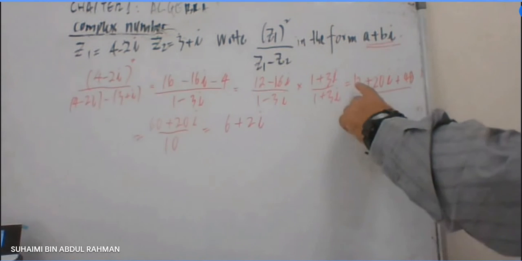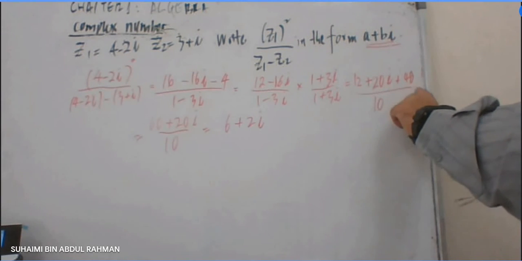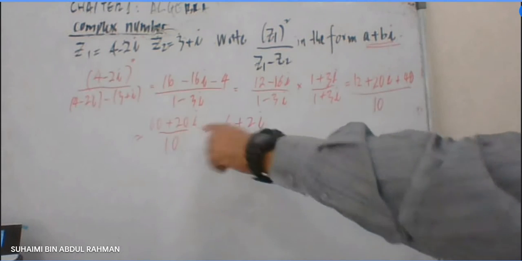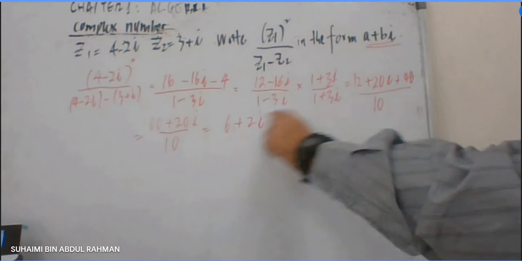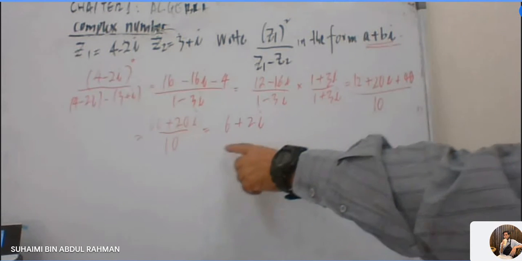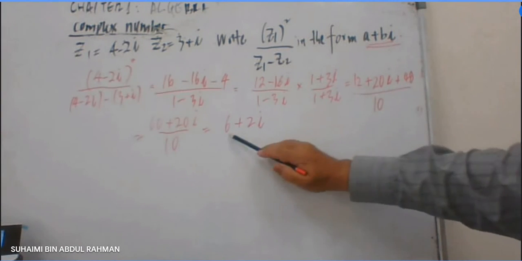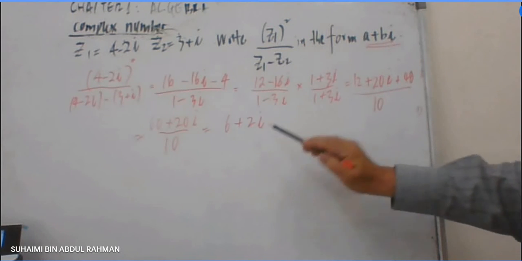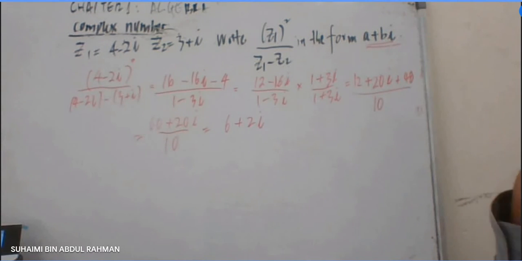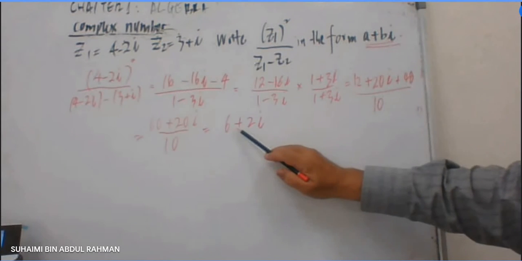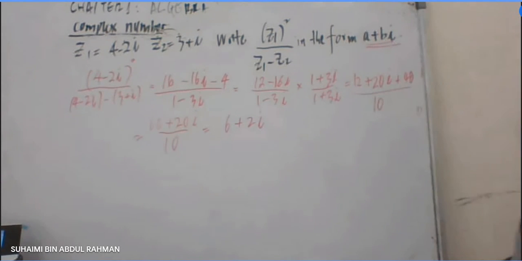So it's equal to, when you add 12 and 48, 60 plus 20i over 10, equal to 6 plus 2i. 6 plus 2i.